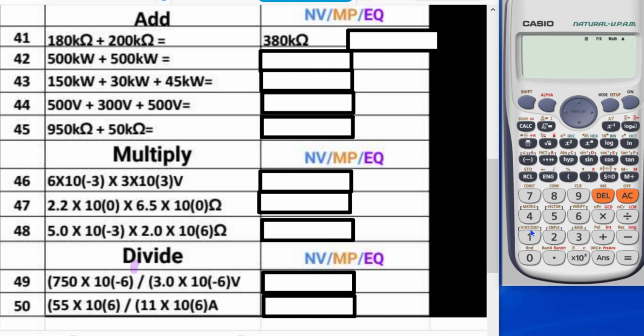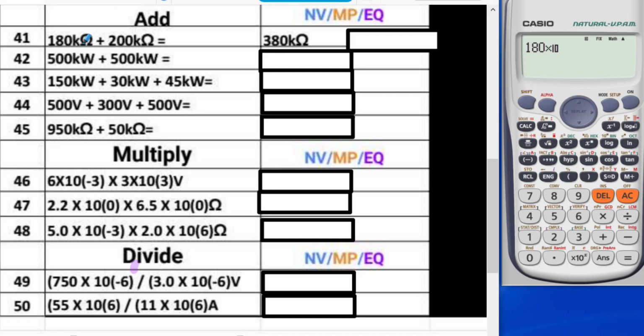So just make sure that after you enter your numerical value and you get ready to convert the metric prefix over to engineering, that you hit the middle button on the bottom row, which is your exponent button, followed by the correct exponent that corresponds to the metric prefix.